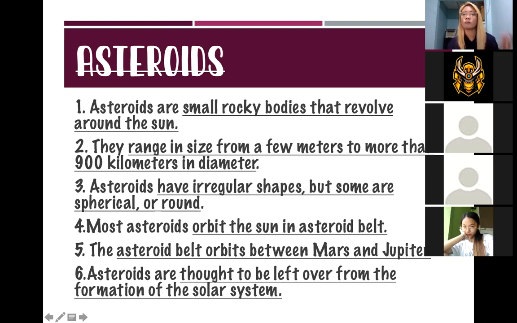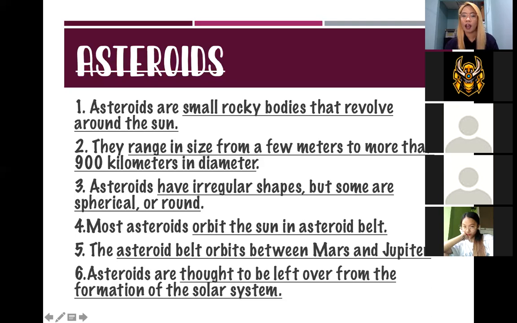Pero on space, your asteroids, not all of them are actually made up of compact soil or more of earthy ang kanyang component. Some asteroids contain metals. So may mga metallic asteroids that are floating in space.